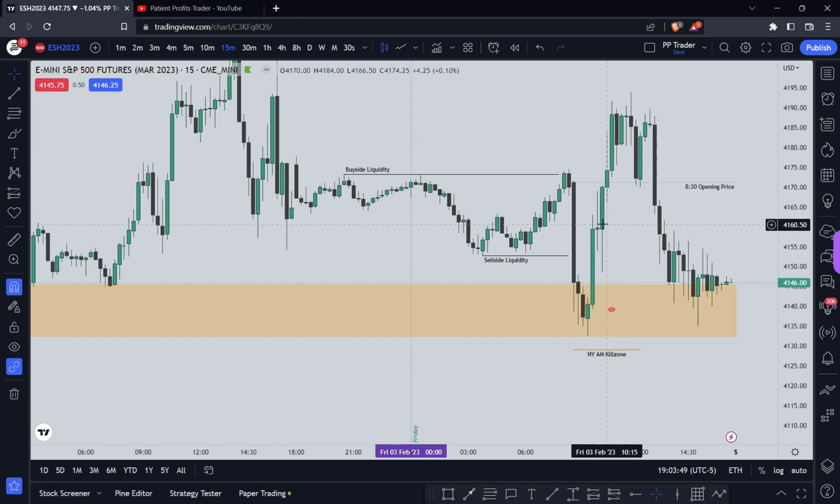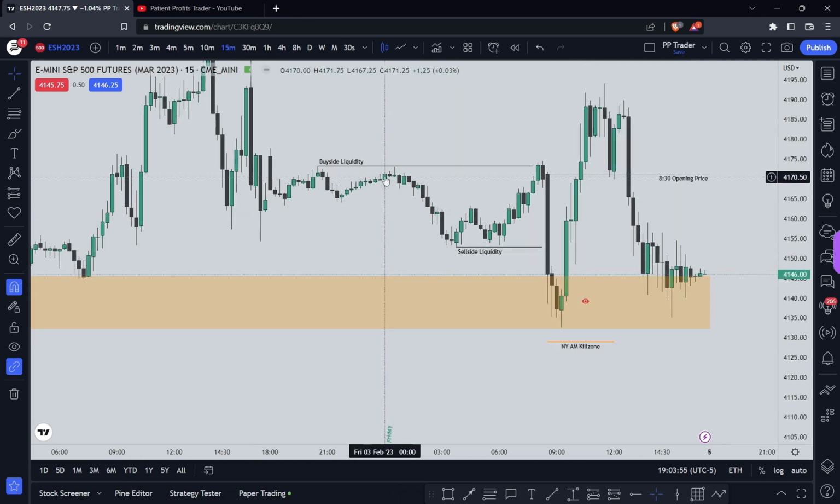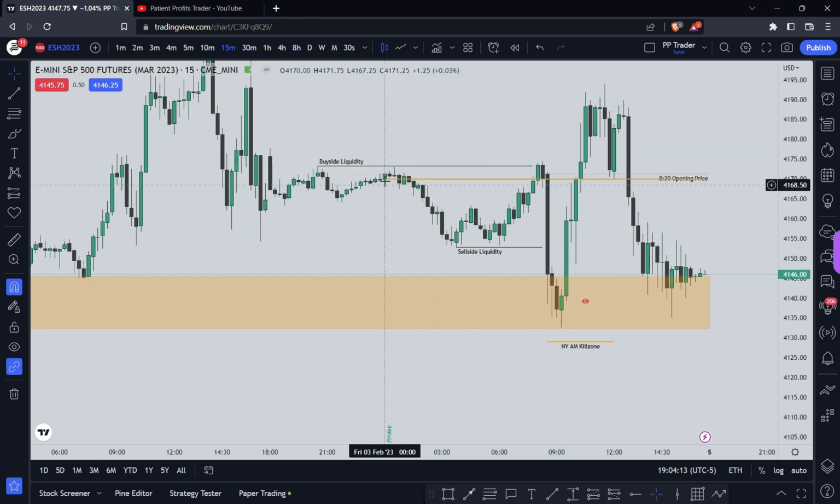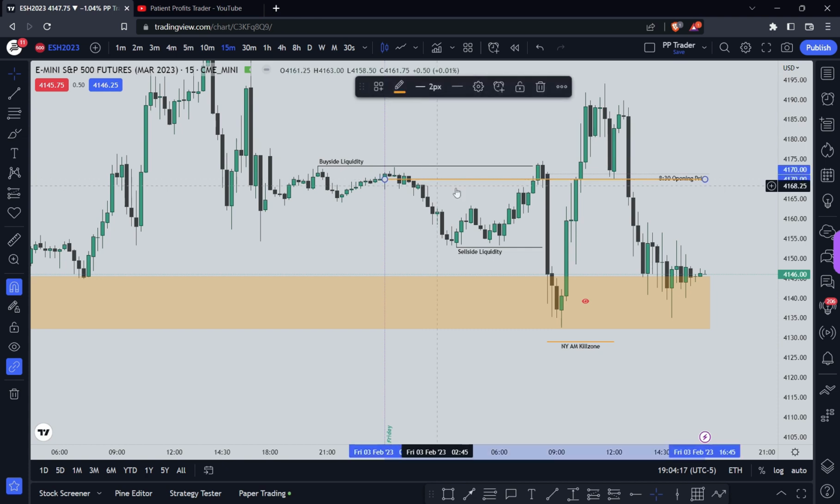Now, additionally, we were in a deep discount. Why were we in a deep discount? The opening price for this candle here, where we have this purple line drawn, the opening of that candle extended out in time becomes your midnight opening price. I didn't put it on the chart because it's going to make it clumsy, but the opening of this candle right here, that is your midnight opening price.